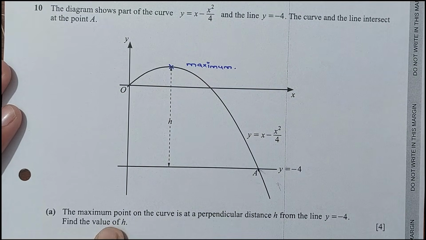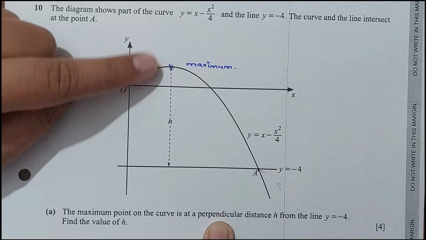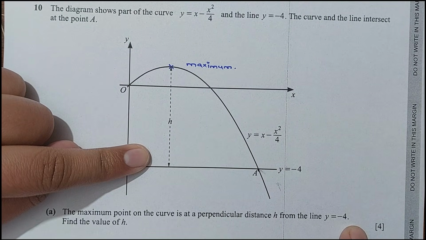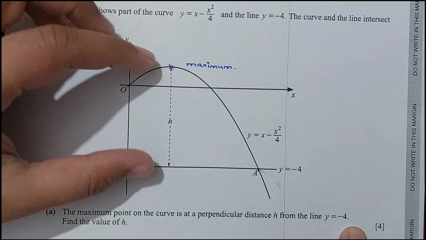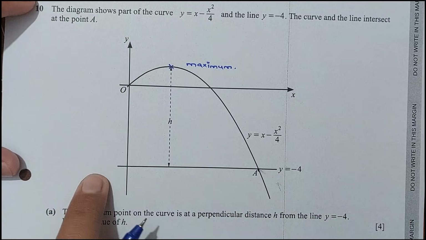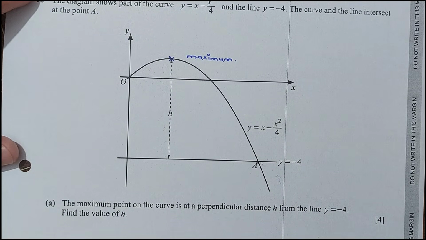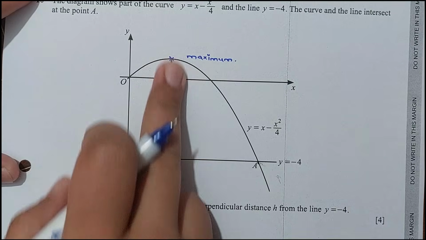The maximum point on the curve is at the perpendicular distance h from the line y equals to -4. Find the value of h. We have to find this perpendicular distance.